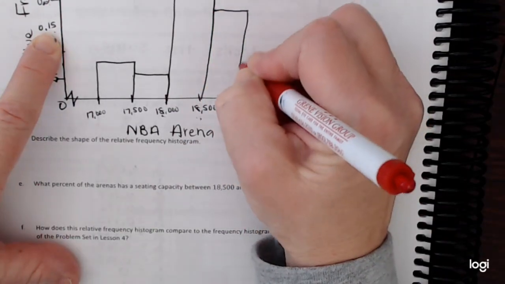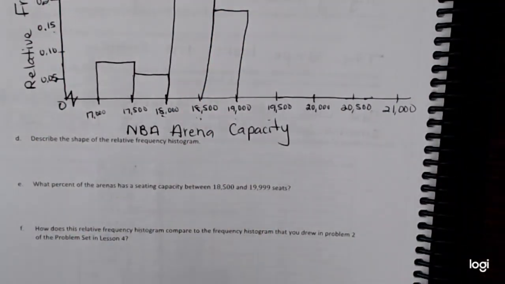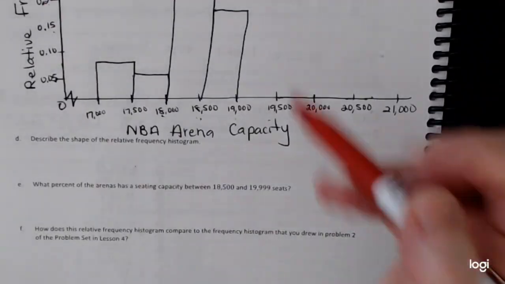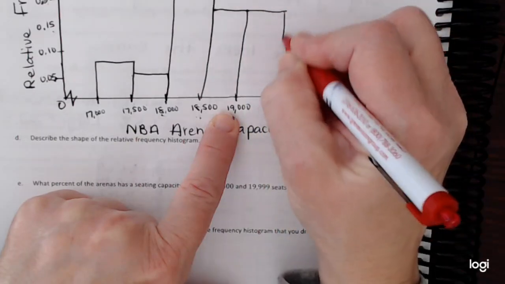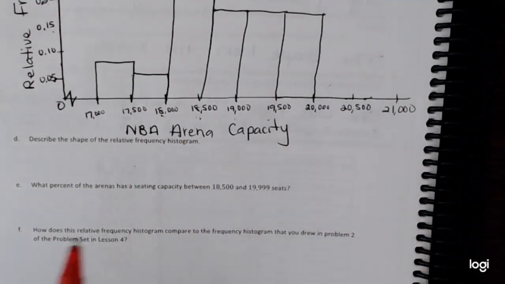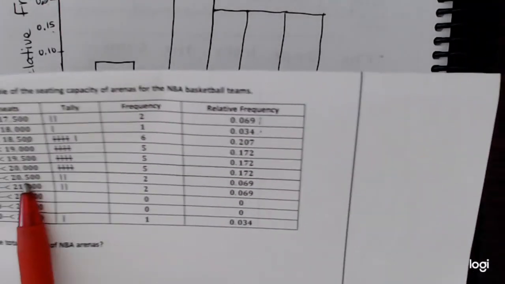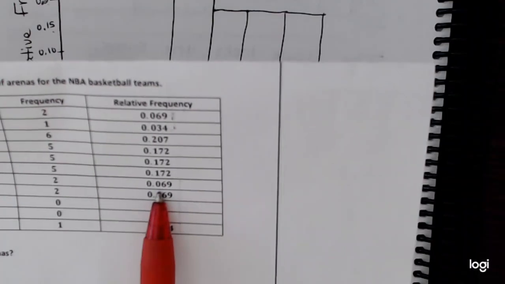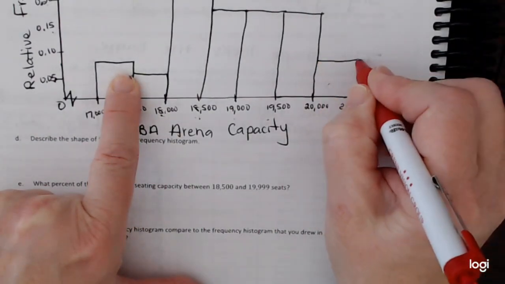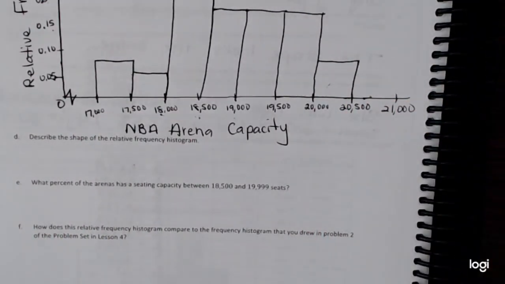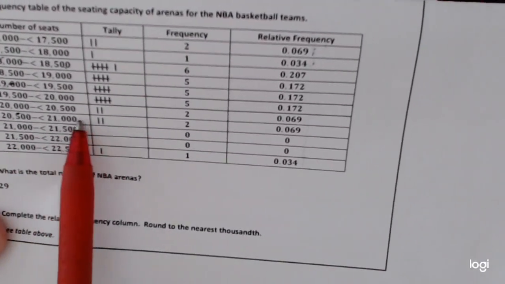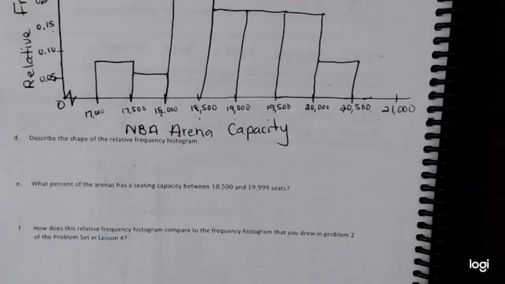And the nice thing is, if you notice, we had 0.172 three times. Then 20,000 to 20,500 for me is, oh, it's the same as the first chart. And the very last one that I'm going to do and have room for is my 20,500 to 21,000, which is the same.